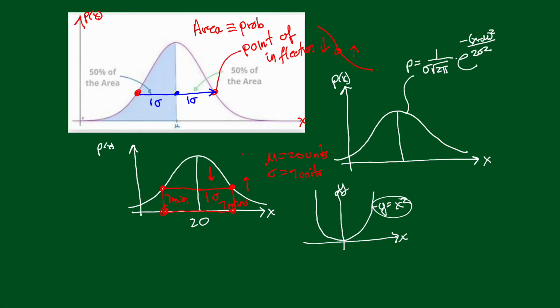And then what I would have to do, if I want to find the area under a particular part of the curve, like suppose I wanted to find this probability here. Say the mean here is 20, and I want to go from 22 out to 28.